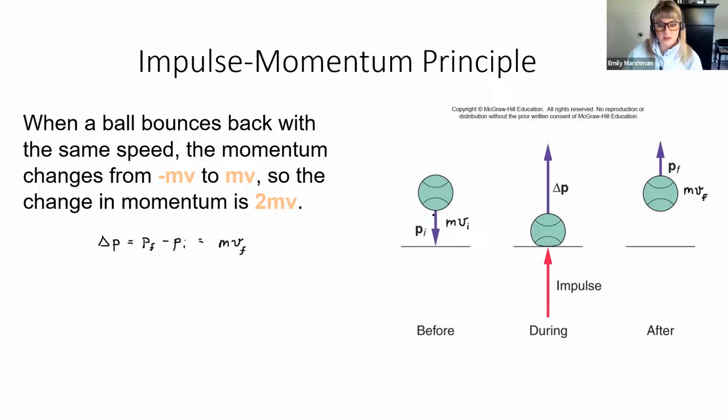The initial momentum of the ball was down, so we have to take that into account, because remember, momentum is a vector, so we've got to take this direction into account. So I have the final momentum minus the initial momentum. The initial momentum is down, so let's put a negative sign for that. And since I have a double negative here, it's like adding.